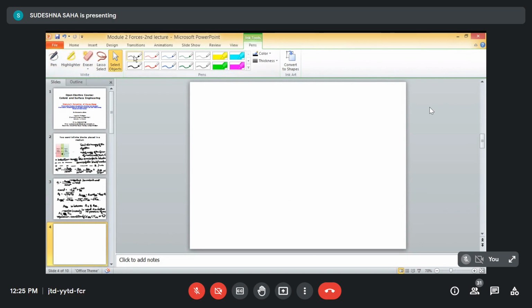So the Hamaker constant becomes, we can write it like this. We have already written this previously, gamma I LW.